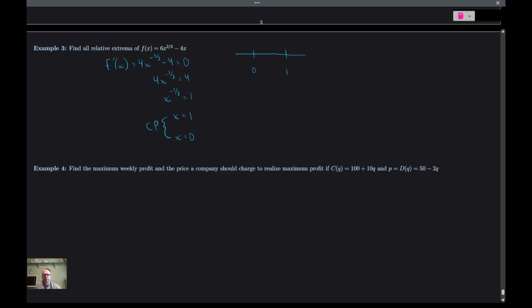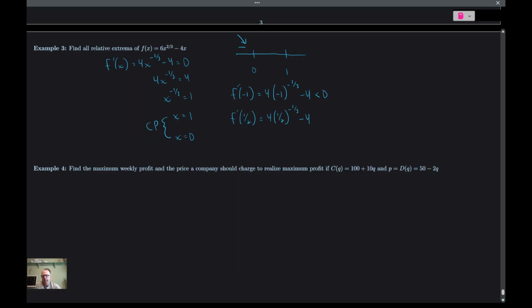So pick a negative number, plug it into the derivative. So let's say f prime of -1. 4 times -1 to the -1/3 minus 4, that's going to be less than 0. So we are negative, which means we're decreasing. Pick a number between 0 and 1, let's say a half. 4 times 1/2 to the -1/3 minus 4.